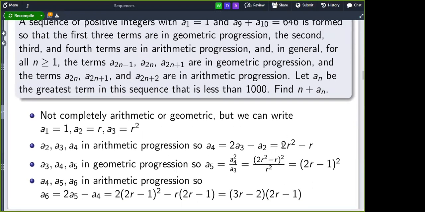Notice how we kept everything factored. This keeps all the expressions clean, and it's especially important when we're doing the geometric calculation, because we have to divide something by something else, and it's not easy to see how this divides out if we don't have it factored. Next, we find A7, which we can compute since A5, A6, and A7 form a geometric sequence.